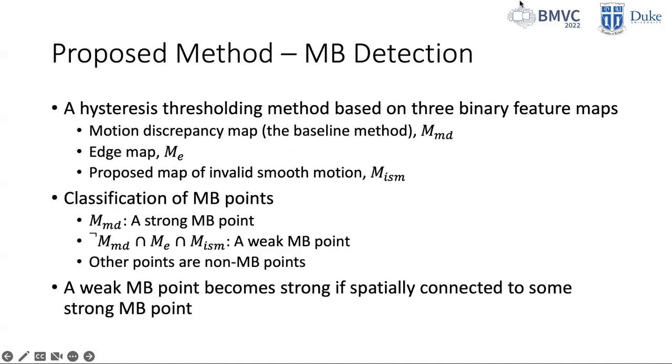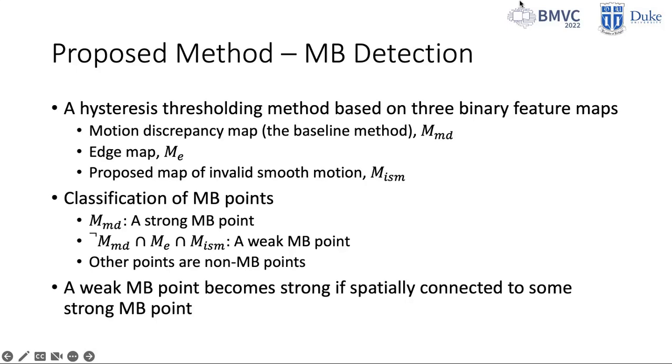Similar to the classical Canny edge detector, our proposed method uses hysteresis thresholding based on three binary feature maps. Motion discrepancy map is obtained by thresholding the magnitude of the gradient of the flow estimates. Edge map is obtained by an edge detector. We will explain the map of invalid smooth motion in detail later.